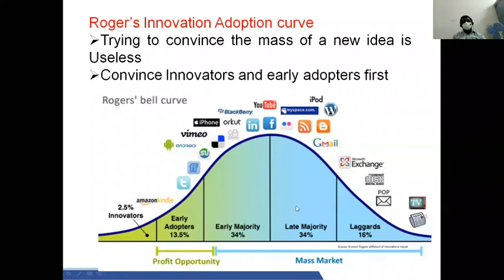During the late majority period, it reaches its maximum and sustains for a certain time. After that, the demand for the product reduces gradually. This is the general innovation adoption curve. So whenever people introduce a new product, they will be focusing on this area only.